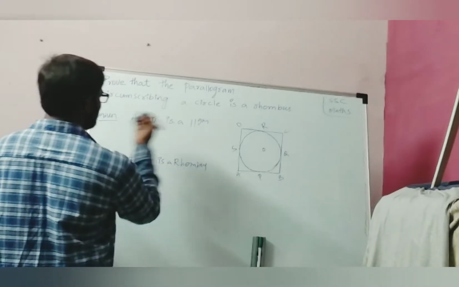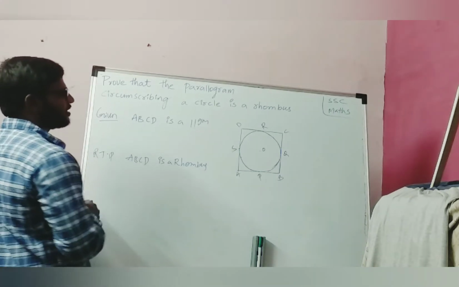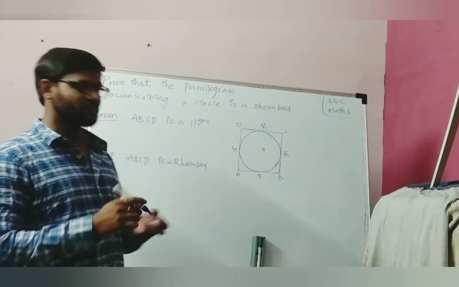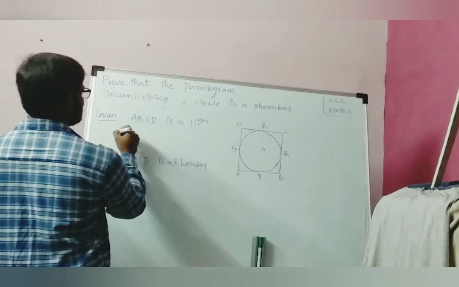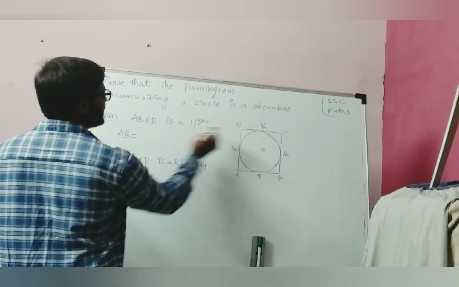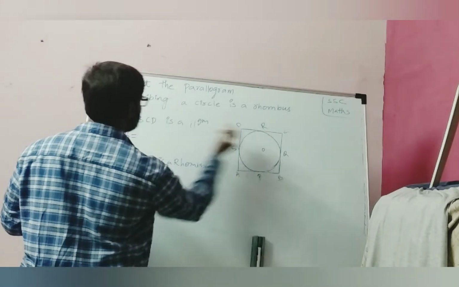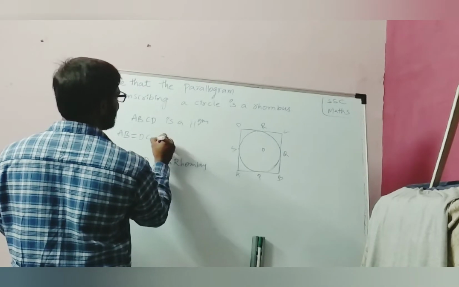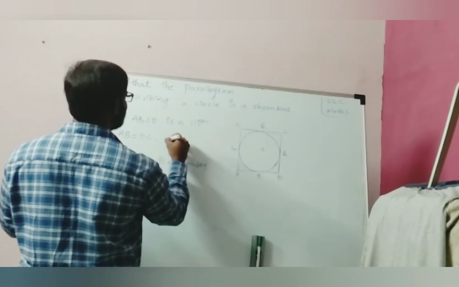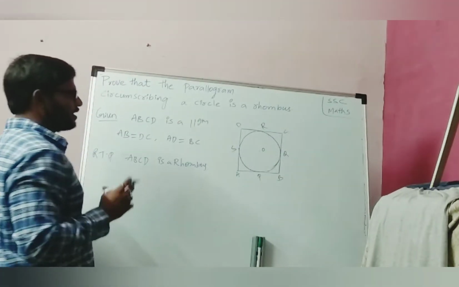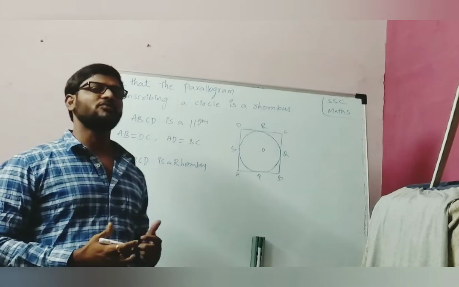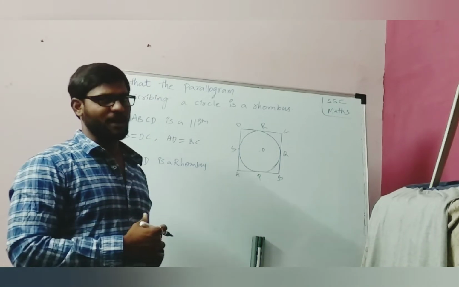Now, since ABCD is a parallelogram, what are the properties of a parallelogram? Opposite sides are equal. So AB is equal to DC and AD is equal to BC. In a parallelogram, both pairs of opposite sides are equal and parallel.